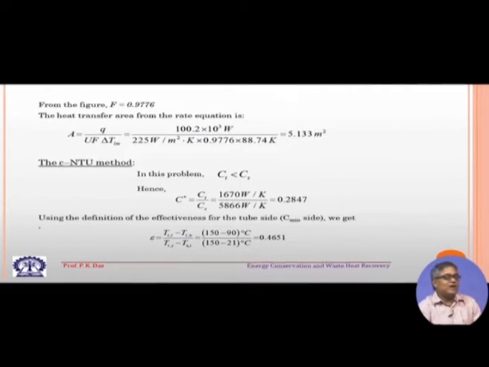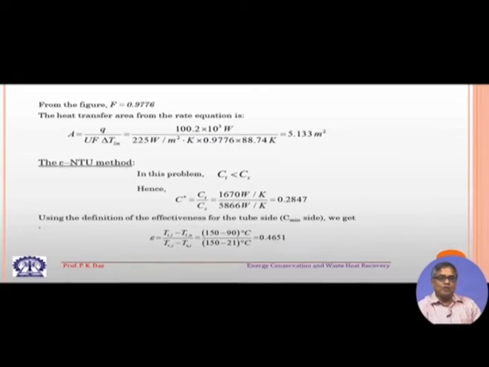So, this is the surface area needed for heat transfer. This will be the surface area of the tubes present in the heat exchanger. Now, obviously, one can go for the decision of tube diameter, tube length, number of tubes, how they will be arranged, all these things. Those are not within the scope of this particular course, but those are very essential, and to complete the heat exchanger design one has to do those things.